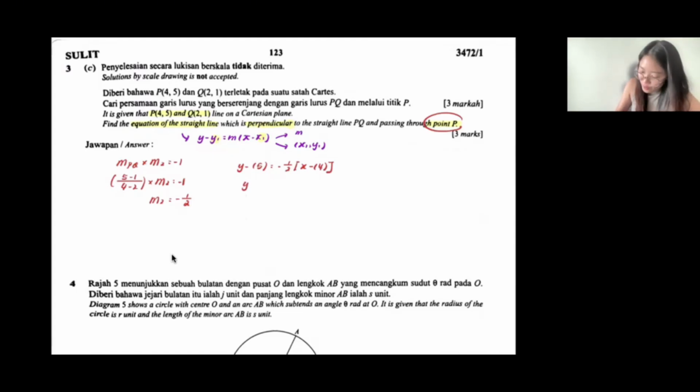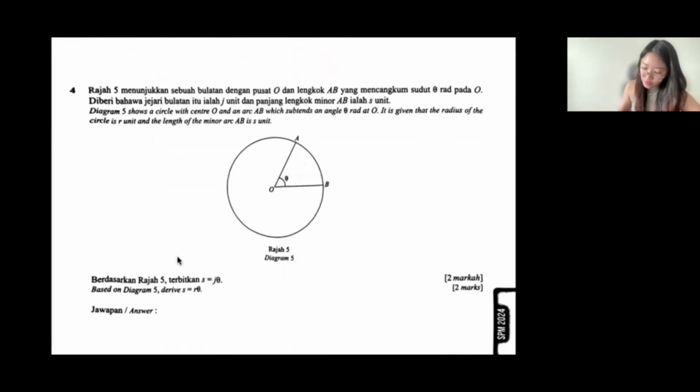All right, then y minus 5 equals -1/2 x, negative times negative is positive, yeah? And then divide by 2, you get 2. Remember to move 5 over. This is y equals -1/2 x plus 7. That's it. 1 mark for the gradient, 1 mark for substitution, and 1 mark for final answer. 3 marks in total. Okay, moving on to question 4.